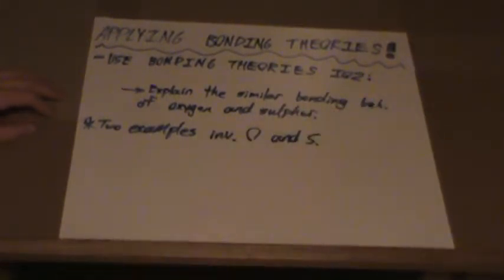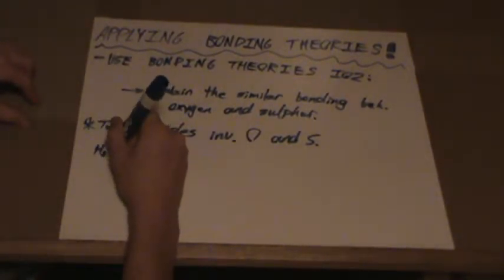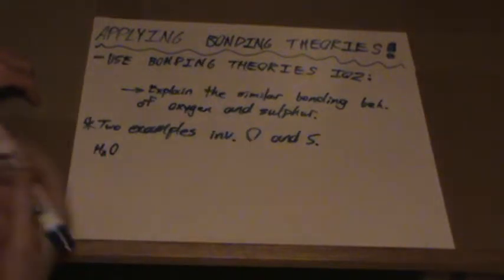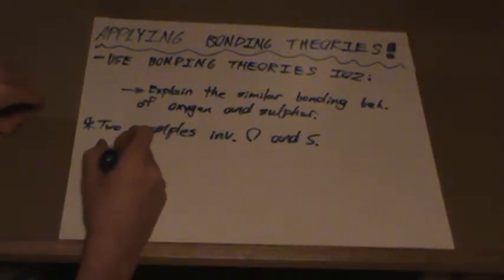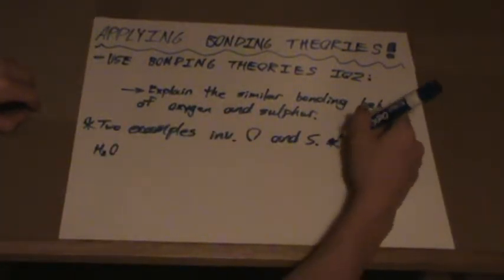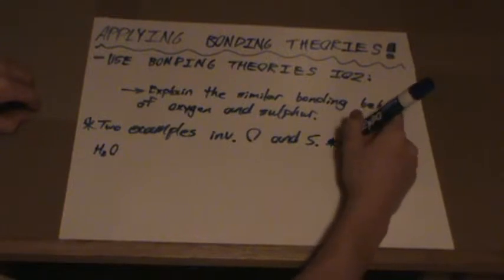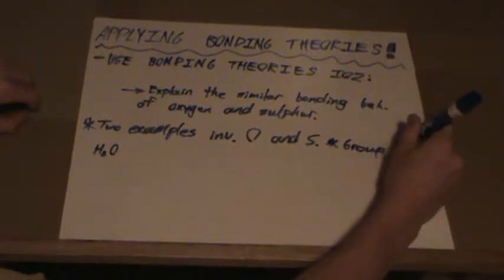Okay, so the first one that comes to mind, the most famous molecule that involves oxygen, it is the one that keeps us all alive. It is H2O. And it just so happens that this molecule, this idea of hydrogen being bonded to two things, by the way, both of these elements, oxygen and sulfur, are group 6 elements.